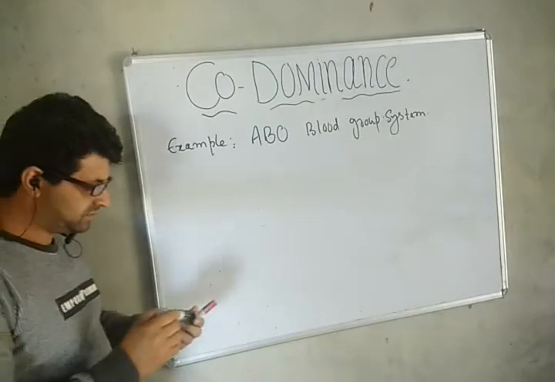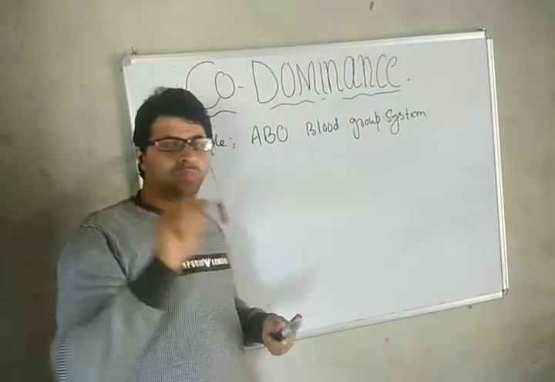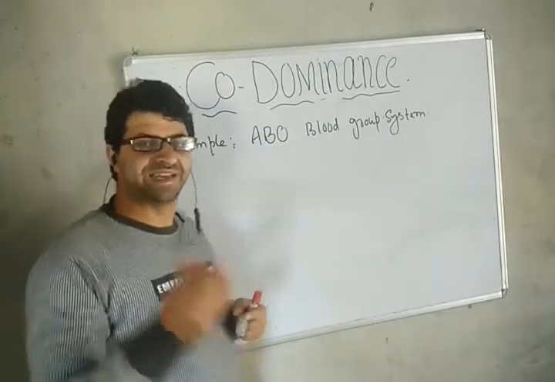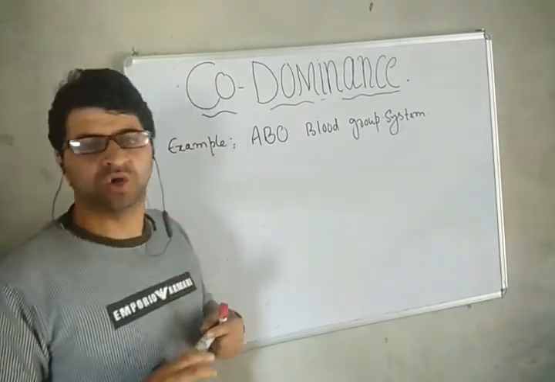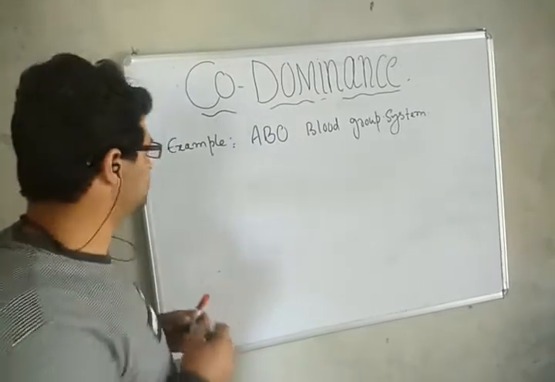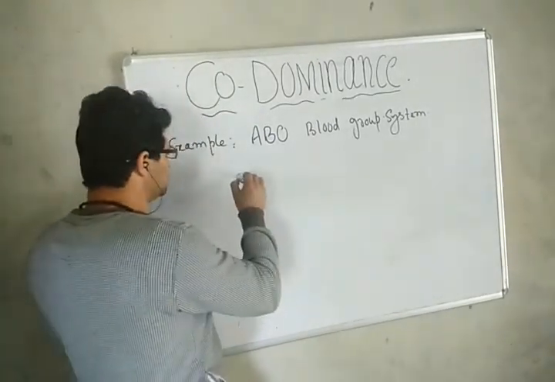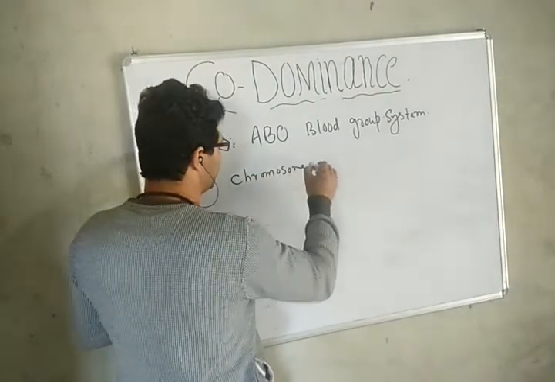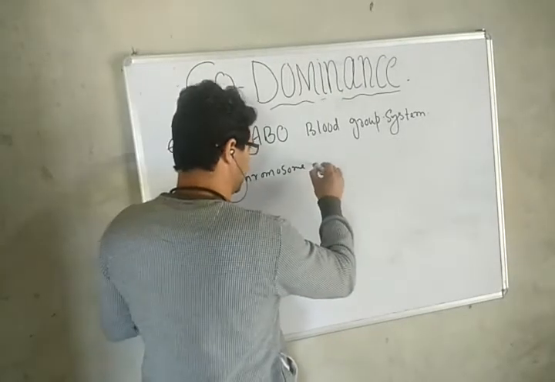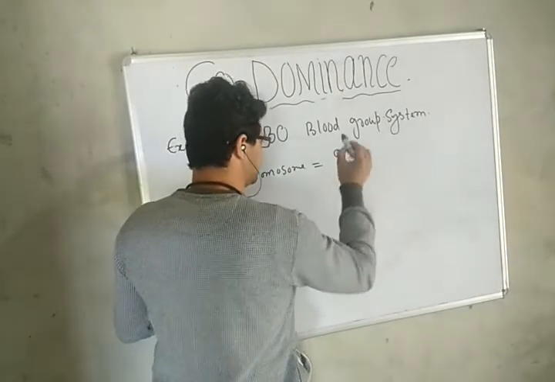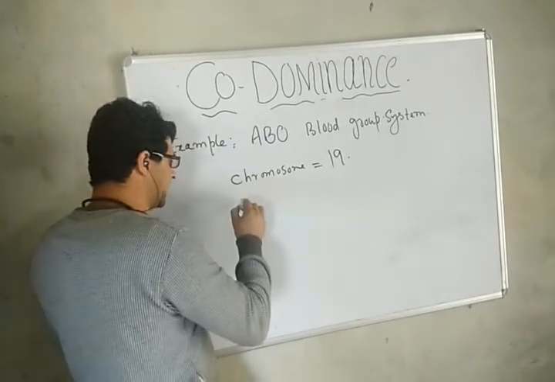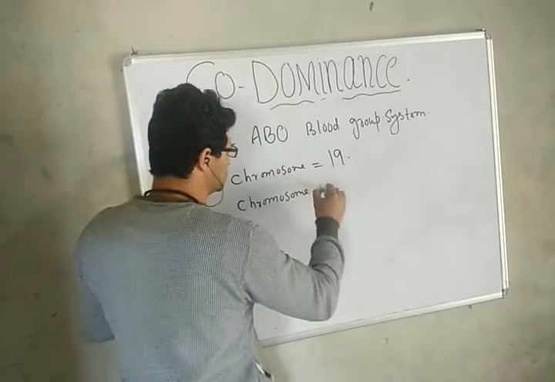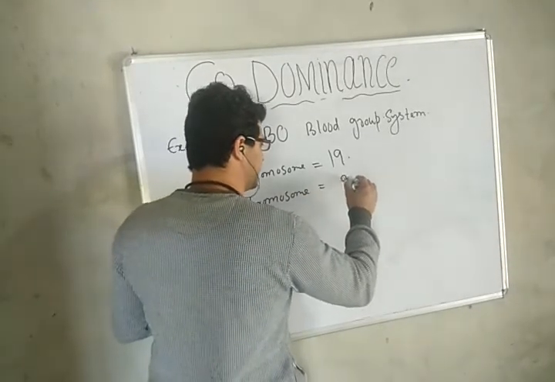You see, the ABO blood group system formation is regulated by two kinds of chromosomes. There are two chromosomes. One chromosome is called chromosome number 19, and another chromosome is called chromosome number 9.